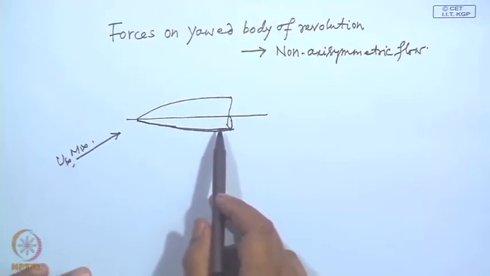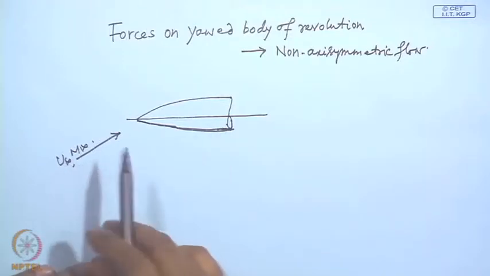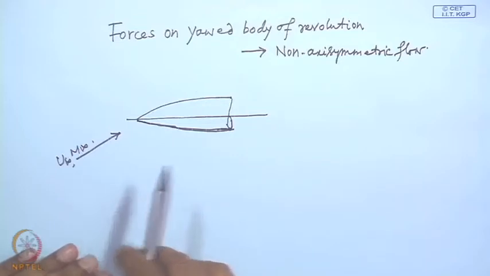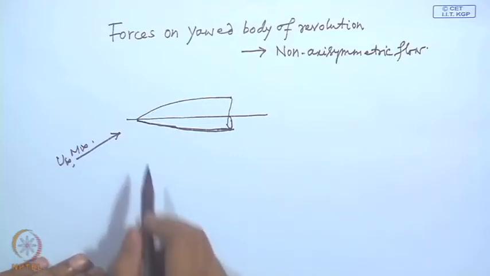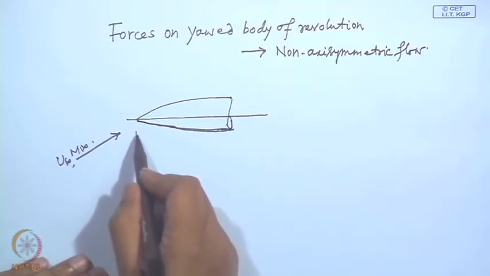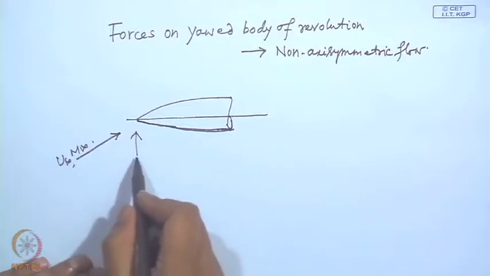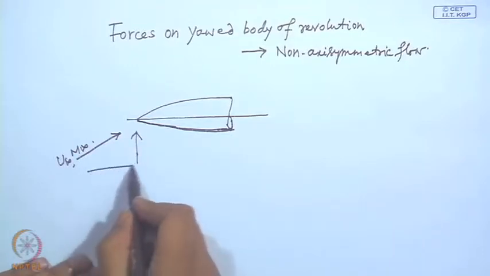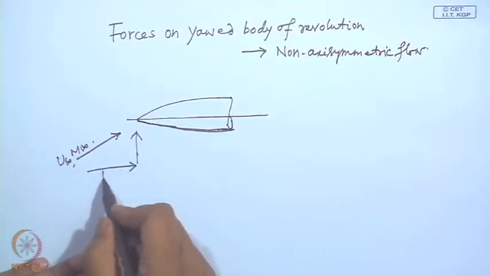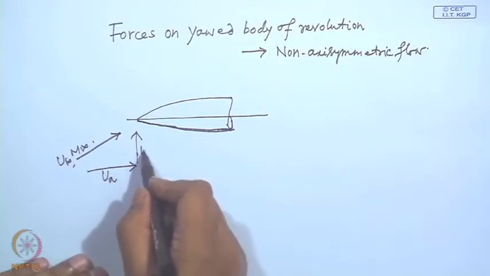However, the geometry of the body we will still be considering symmetric, but the flow is not along its axis. Consequently, as we have seen earlier, it has a cross flow component and an axial flow component, which we earlier mentioned as u a and u c.